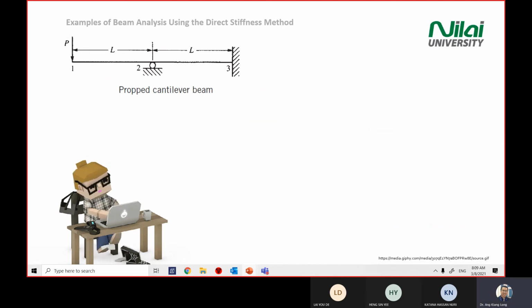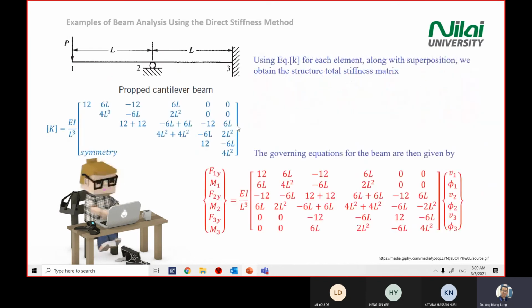We have gone through this, and then we put the stiffness matrix into the F equal to K D force equation, where we put force and moment on one side, displacement on the other side, and K in the middle. Again, I'm rewriting the global stiffness matrix on the left here. At the bottom I write symmetry, because the numbers across the mirror axis are actually the same.